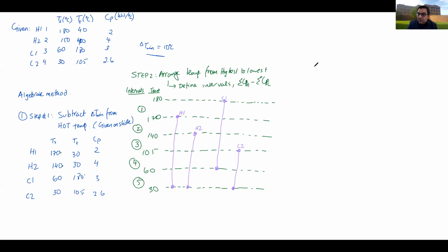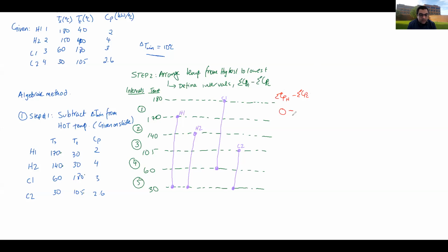So now I'm going to calculate this parameter right here, which is summation of CP hot minus summation of CP cold for each interval. So let me look at interval number 1. Summation of CP hot is 0, there are no hot streams.